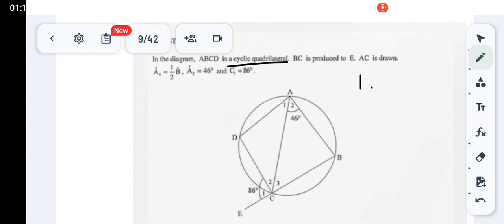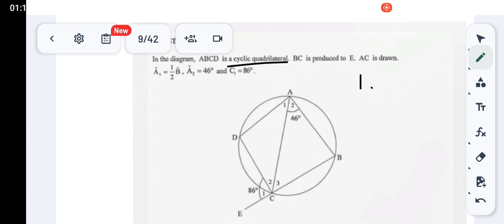What does that mean? It means the angles that are opposite to each other in a cyclic quad, the sum of those two angles is equal to 180 degrees. So let's identify the angles that are opposite to each other in our sketch.